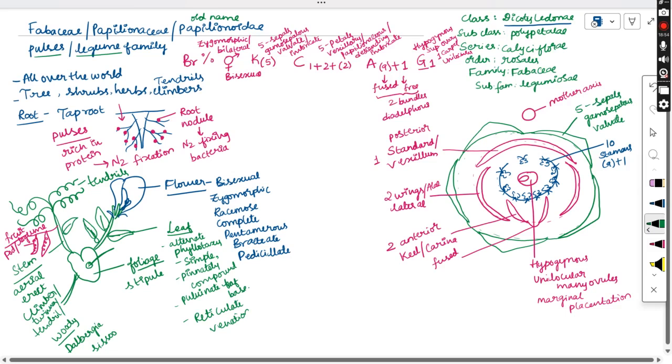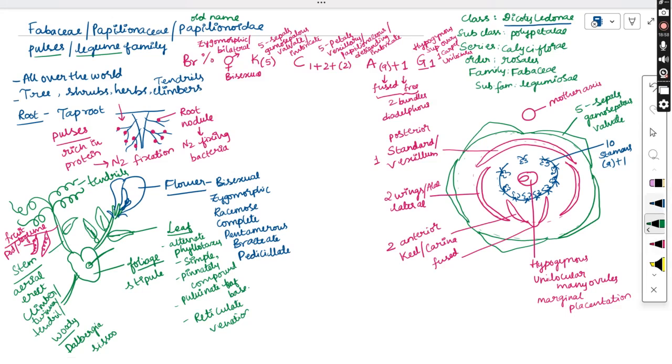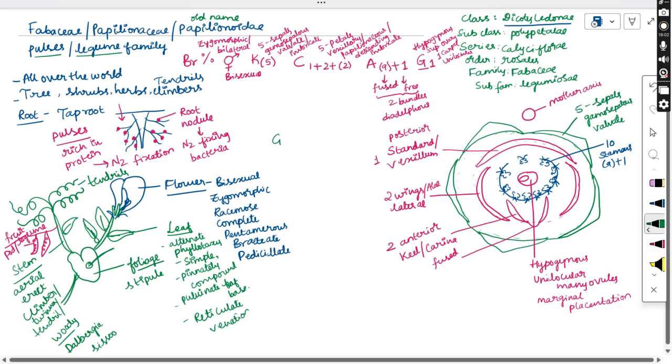So let us see what type of plants come under this Fabaceae family and how they are useful. Usually the pulses like gram, arhar, sem, moong, soya bean, groundnut, all these will be considered as the pulses which are coming under this Fabaceae family.